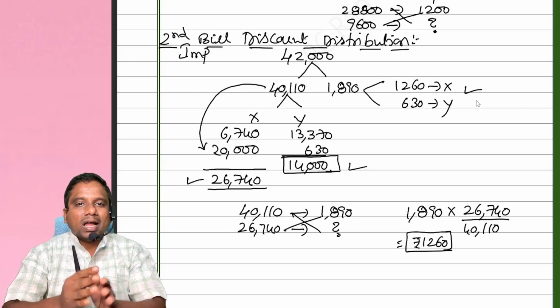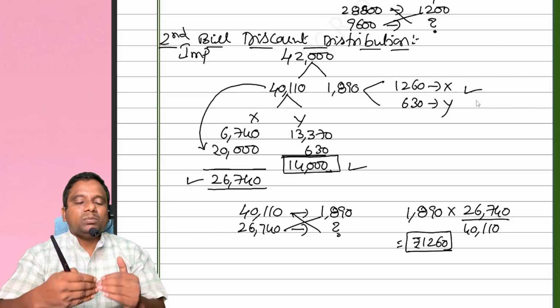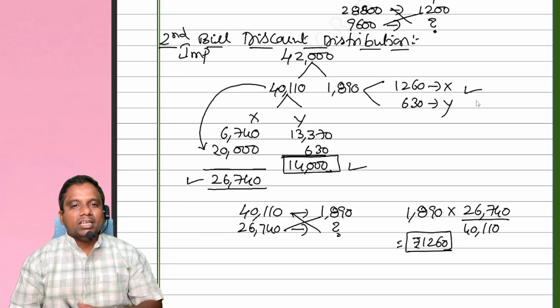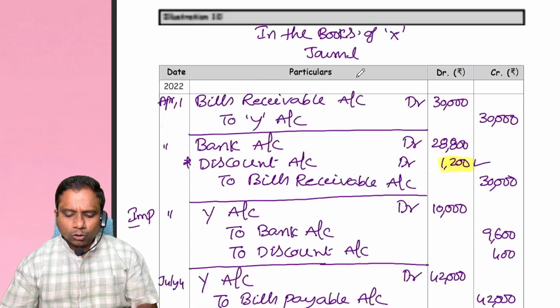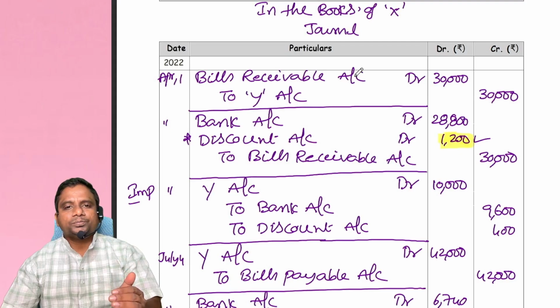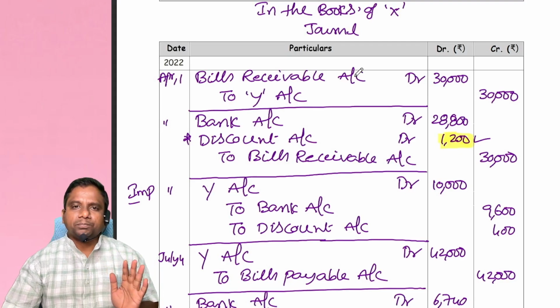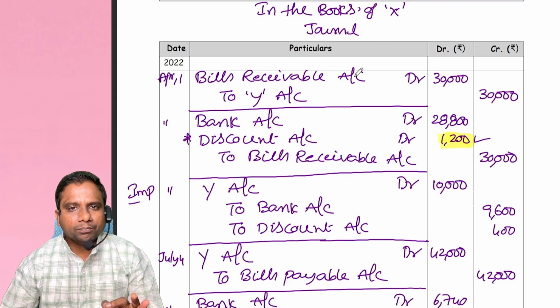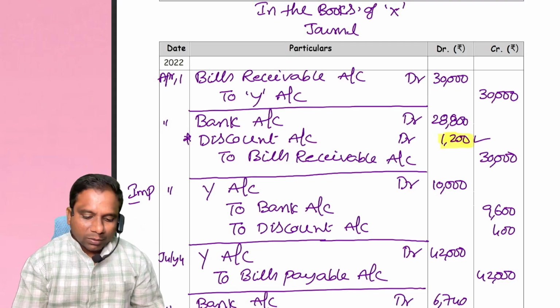Total he should add 28,000, so that the second bill gets honored. If it is honored, then what is the entry we record in the books of X? Simple, bills payable account debit to bank account. In the books of Y, no entry. But it will not happen here.